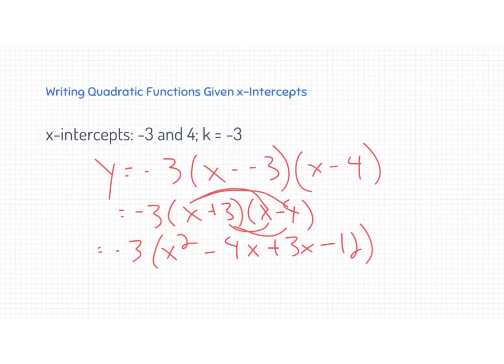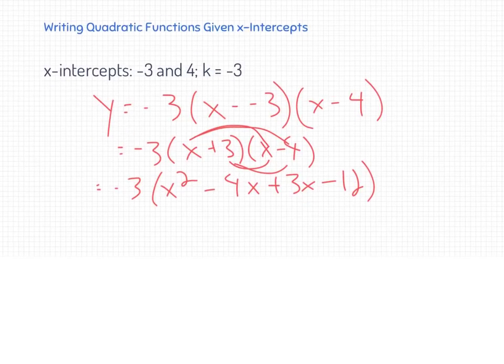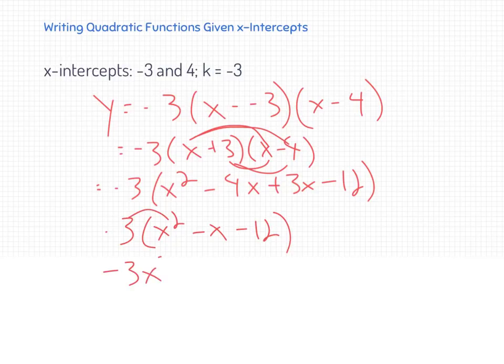After we combine like terms, we get negative 3 times x squared minus x minus 12. Now we distribute that negative 3, so we get negative 3x squared plus 3x plus 36. That would be it in standard form.